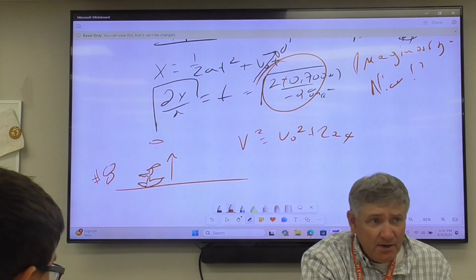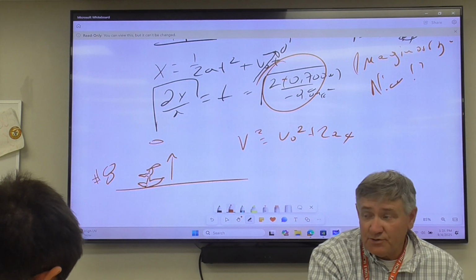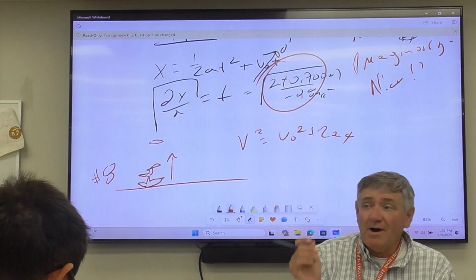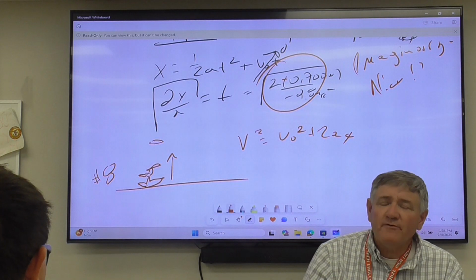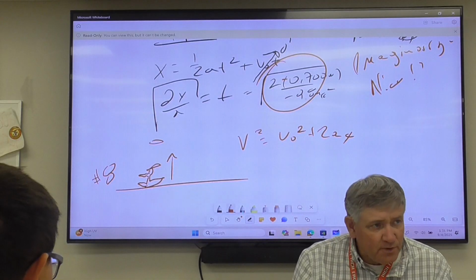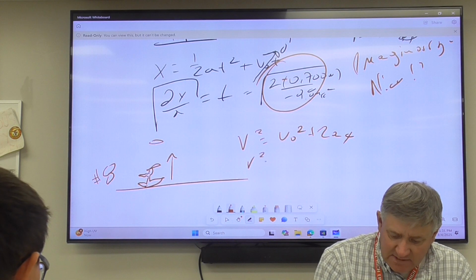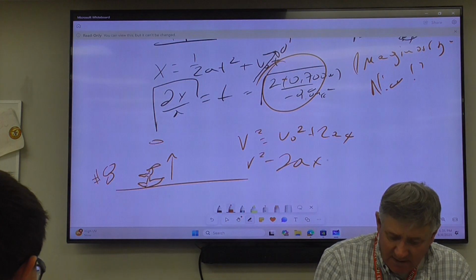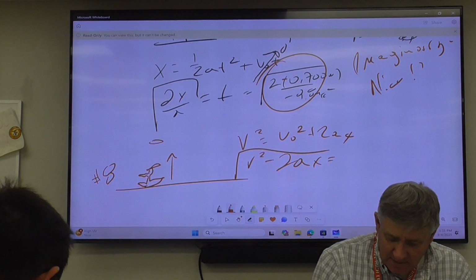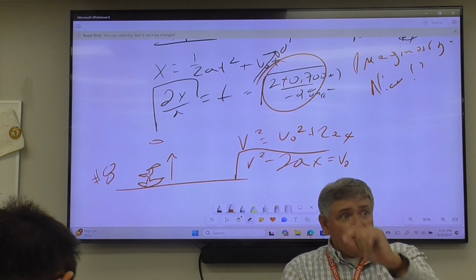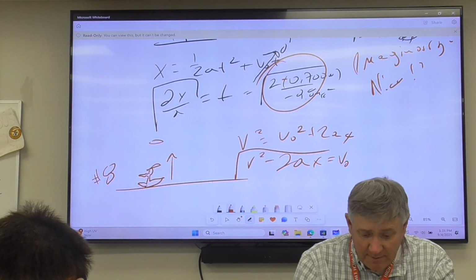You know the final velocity. You're trying to find the initial velocity. So I beg of you, solve these equations before you put in the numbers. Oh, I need to get v naught. Oh, that's going to be v squared minus 2ax, and the square root of that is going to equal my v naught. Now, again, this is subtle, but it's vitally important.